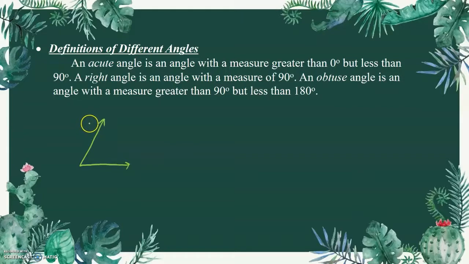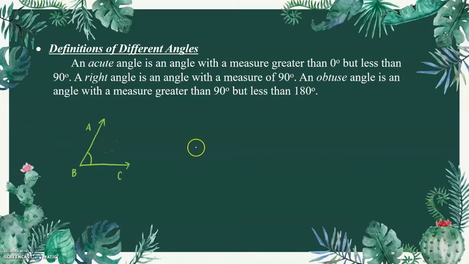Here I have angle ABC. This angle is an acute angle because when we use the protractor to measure this angle, then we'll get a measure that is greater than 0 but less than 90 degrees.